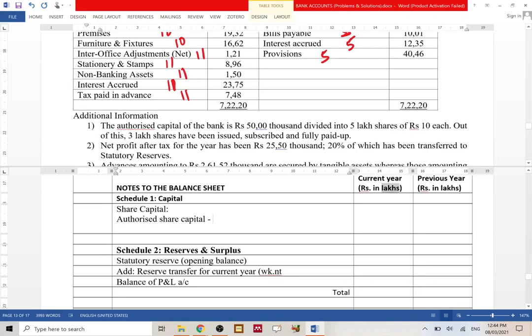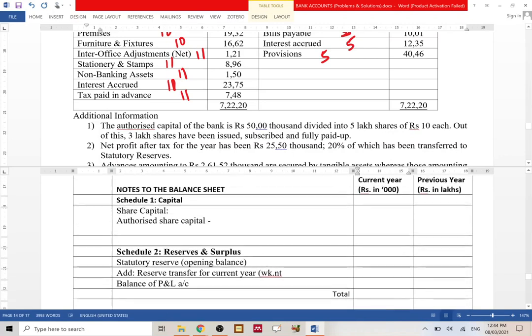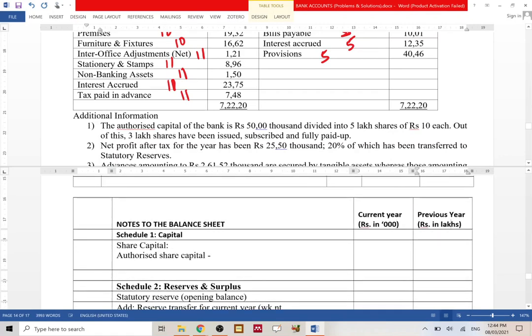So we're going to write all this information. Let me make this correction here, that all of these amounts are in thousands. We do not have the previous year figures, so I'll keep this as the actual outer column, and this we will use as the inner column for any other type of adjustments.